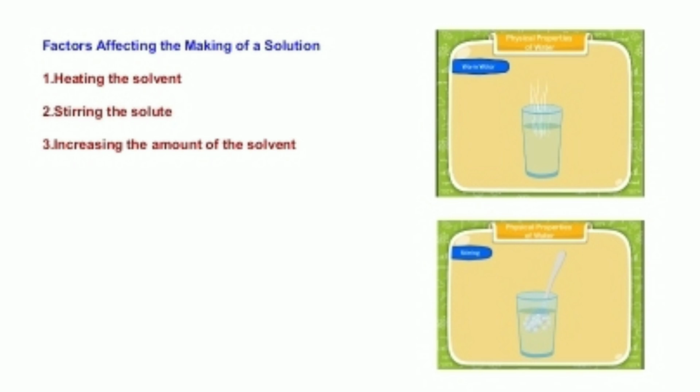But if you stir it using a spoon, it dissolves faster. The third factor is increasing the amount of the solvent. On increasing the amount of solvent, a solute dissolves easily in the solvent to make the solution faster.